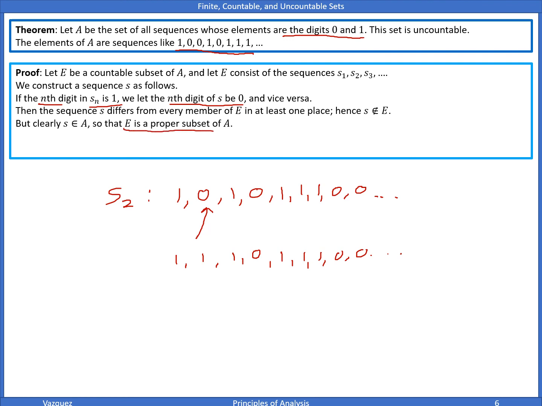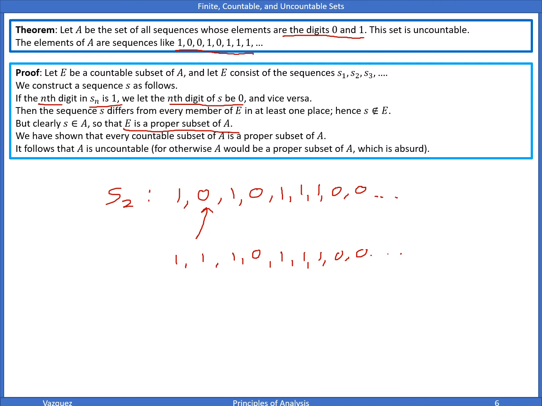So E is a proper subset of A. And we've shown that every countable subset of A is a proper subset of A. So it follows that A is uncountable. Otherwise, A would be a proper subset of A, which is absurd. Therefore, this set A is uncountable.